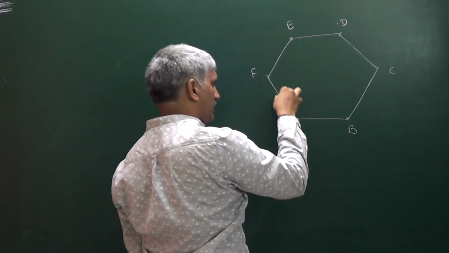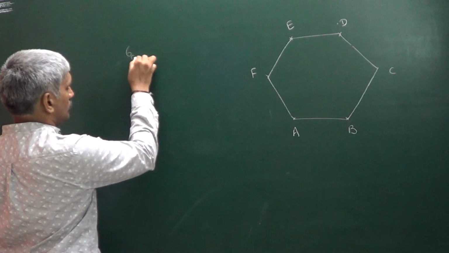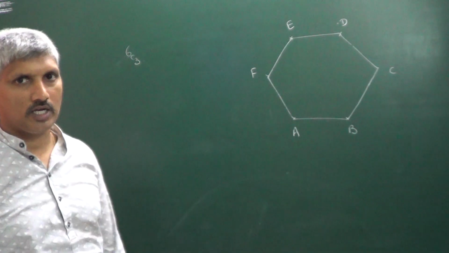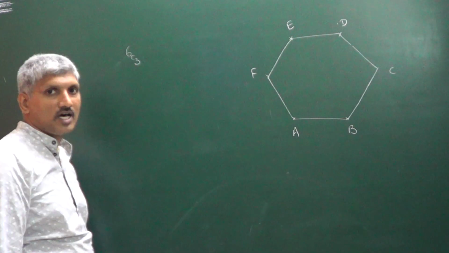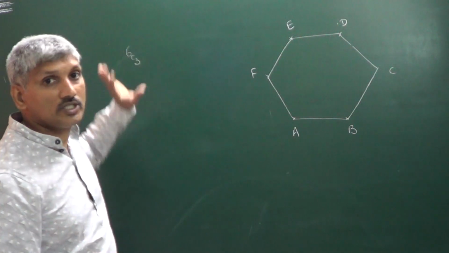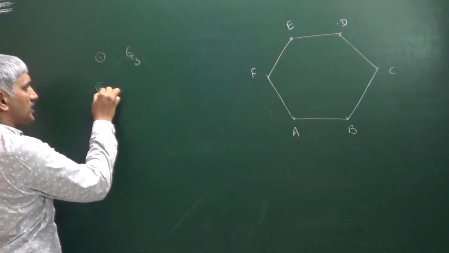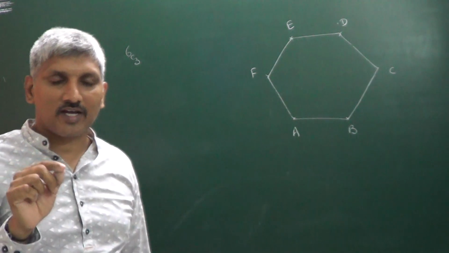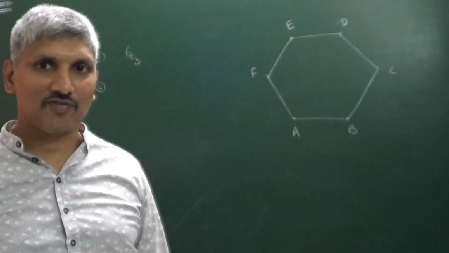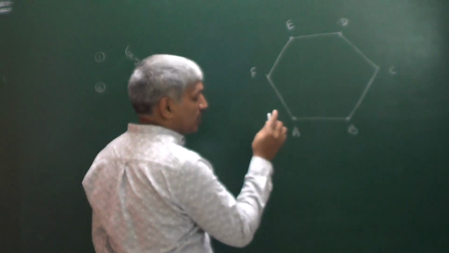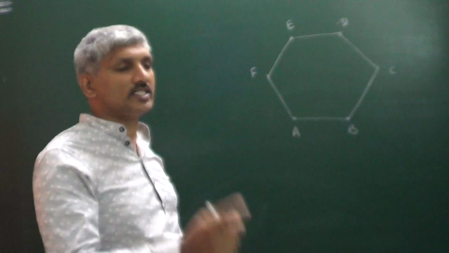Total number of triangles, because from these 6 vertices, select any 3 vertices, you will get a triangle. Total number of triangles is equal to 6C3 triangles are possible. Among these triangles, the first question is the number of triangles, and I am asking the next question as number of triangles with exactly 2 sides common with the sides of the polygon.